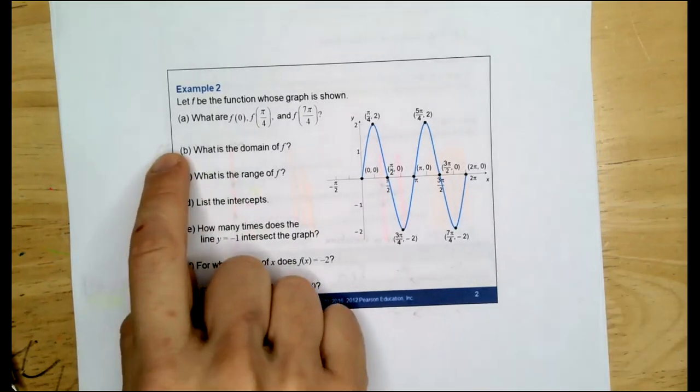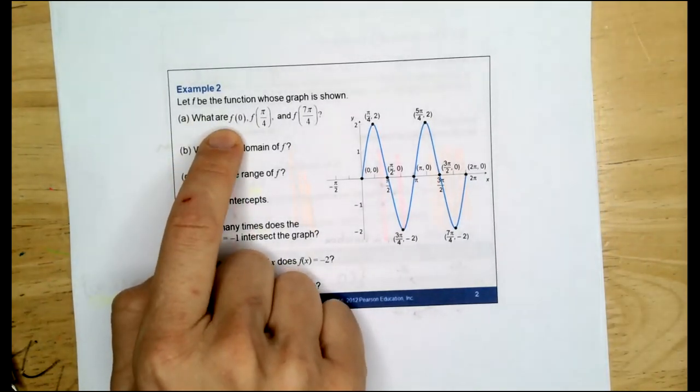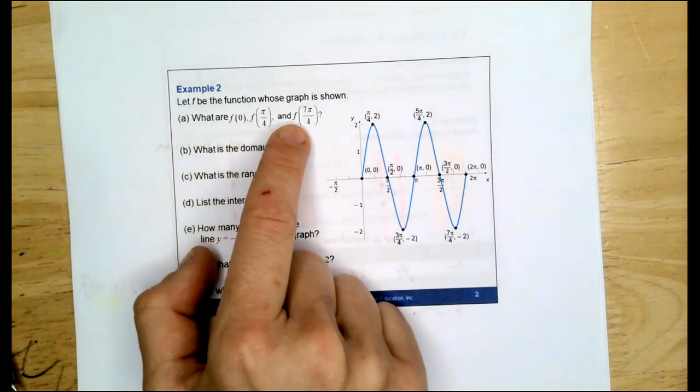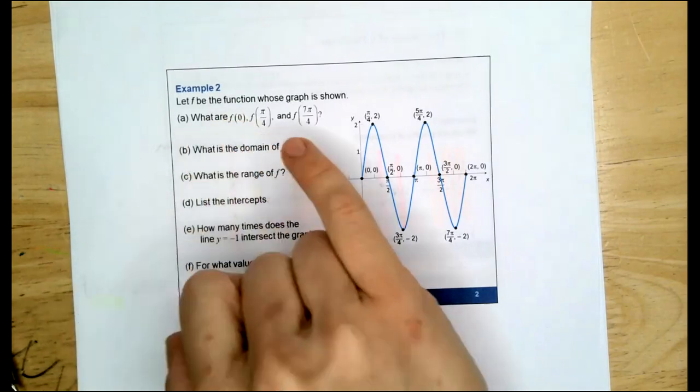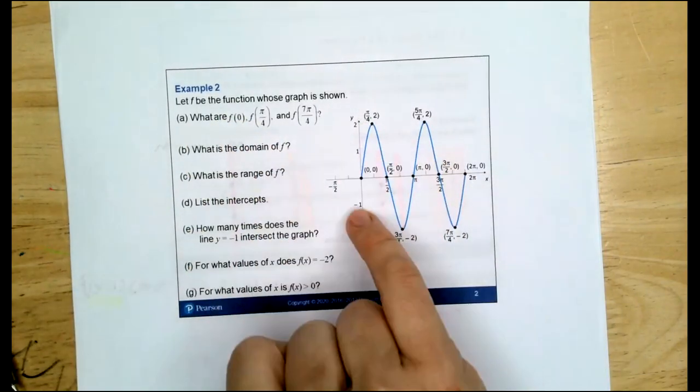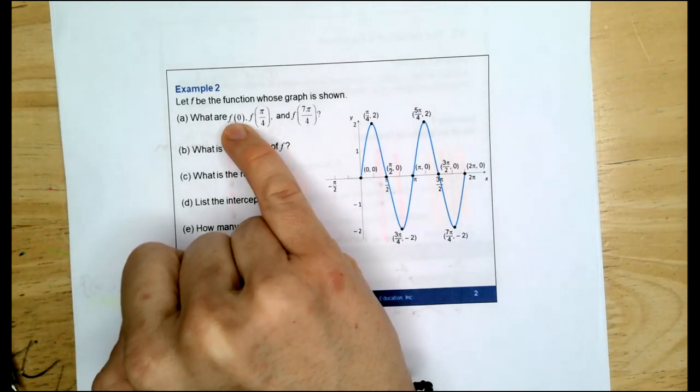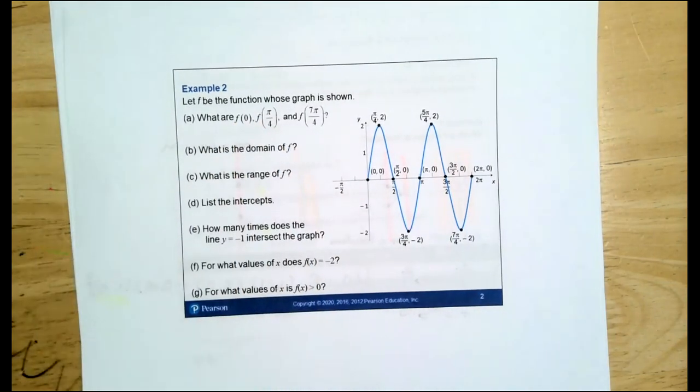So let's look at A. What are f of 0, f of pi over 4, and f of 7 pi over 4, right? Remember, this is f of x. What is f of 0? That means we put 0 in for x, right?